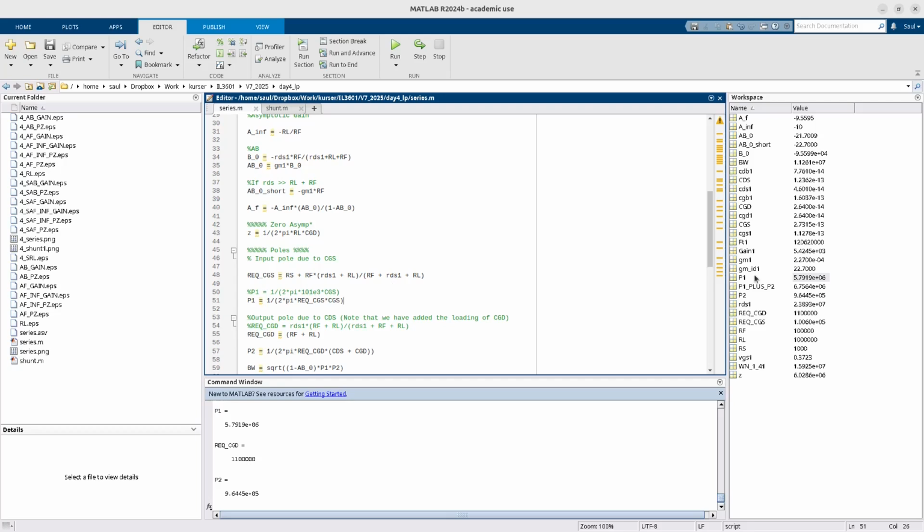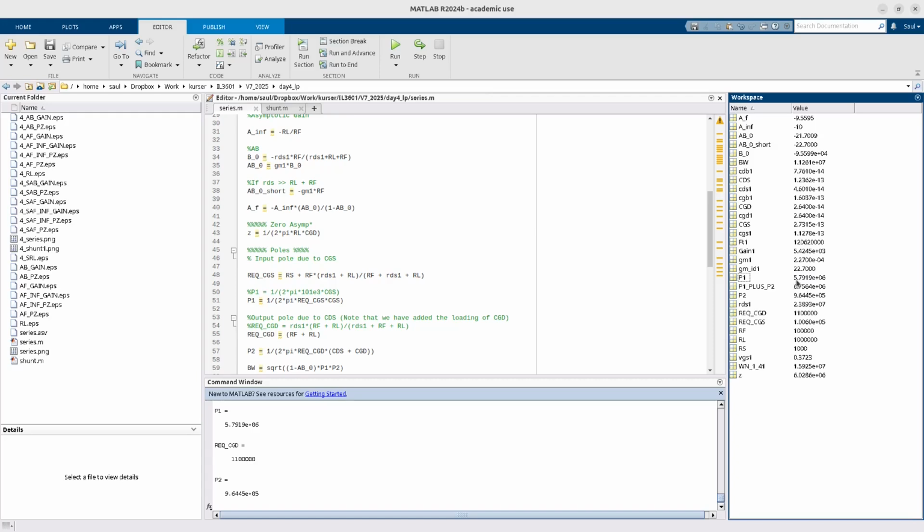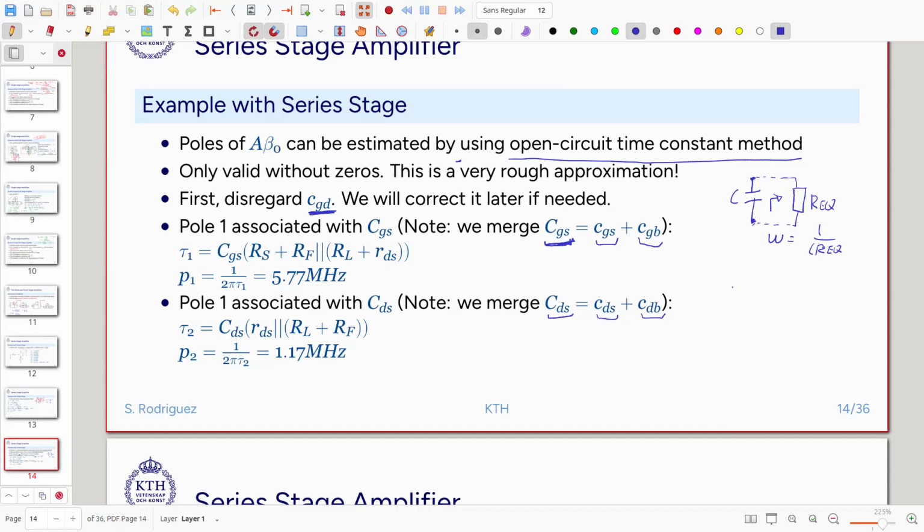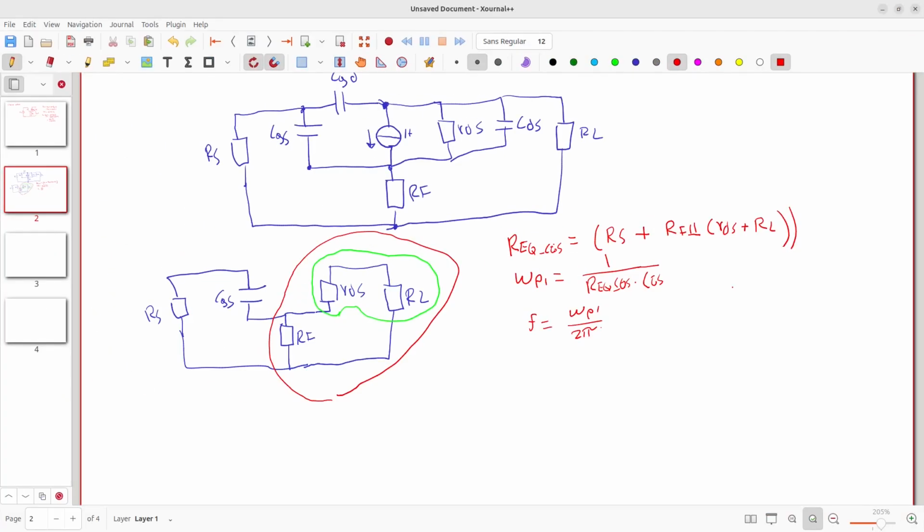So for this particular pole 1, I got 5.79 megahertz. This is around 5.79 megahertz, the position of the first pole. We're going to check a little bit later with the tool if we need to do some correction due to CGD.